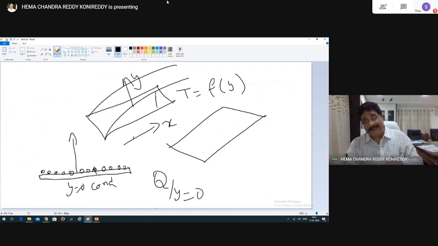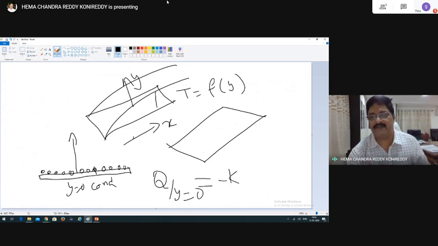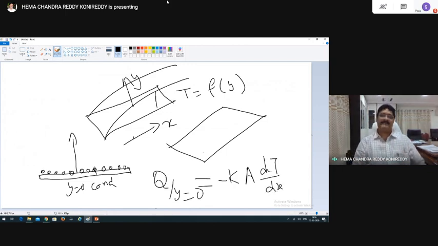I said the molecules are sitting pretty on the plate, they are not moving at all, there is a physical contact established, so the mode of heat transfer can be only conduction. Conduction heat transfer is given by Fourier's law of heat conduction: Q is equal to minus K A dT by dx.